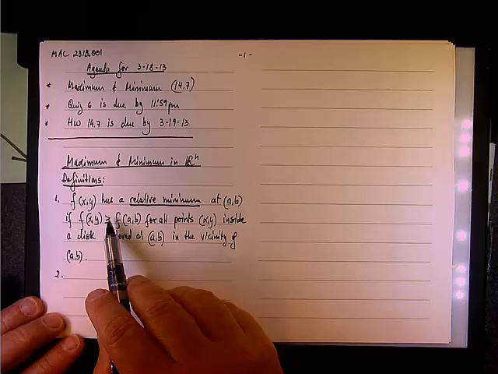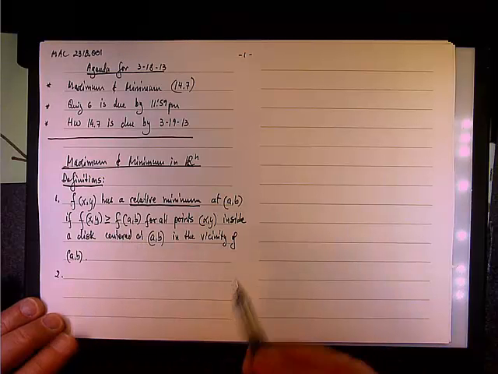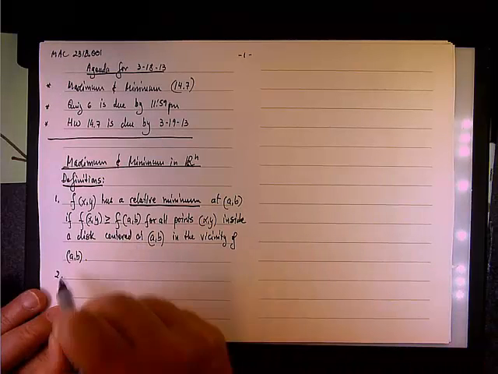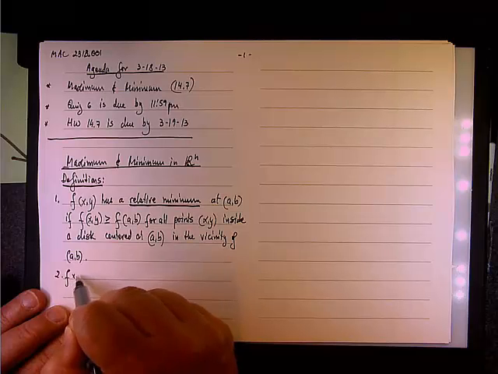Likewise, for relative maximum, all we need to do is change the wording. F of x, y will be less than or equal to f of a, b.